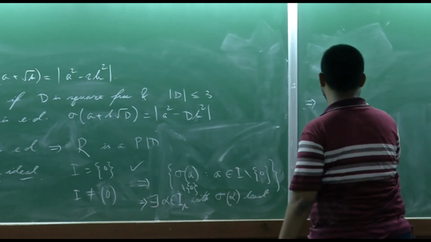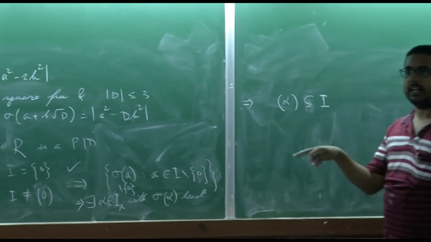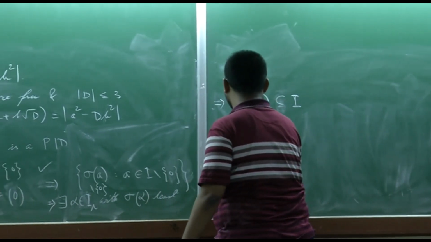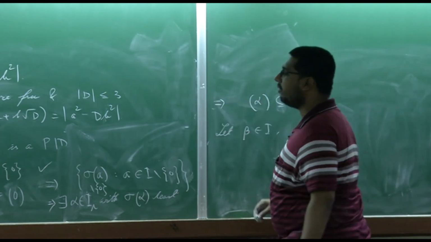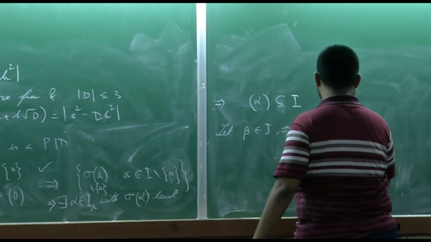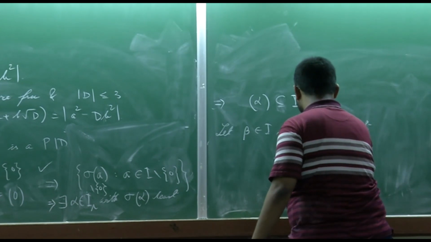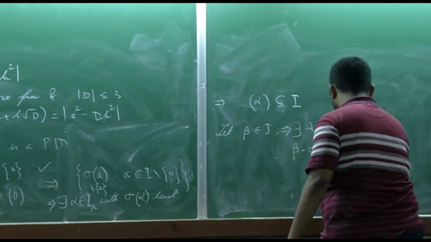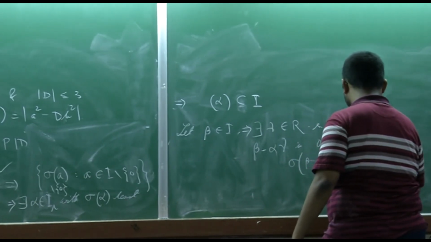Since alpha is in I, the ideal generated by alpha is contained inside I. Now, to see the opposite direction, let us take beta in I. Since we are working in a Euclidean domain, there exists gamma such that beta minus alpha gamma is either 0 or has size smaller than sigma of alpha.